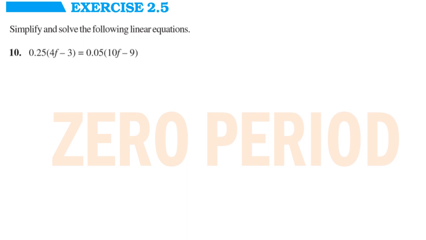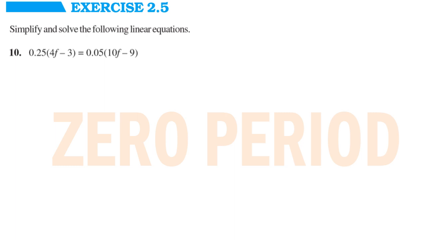Yes, this is the last question of exercise 2.5. 0.25 into bracket 4z minus 3 is equal to 0.05 into bracket 10z minus 9. This is the question. First time in this exercise we use decimal.